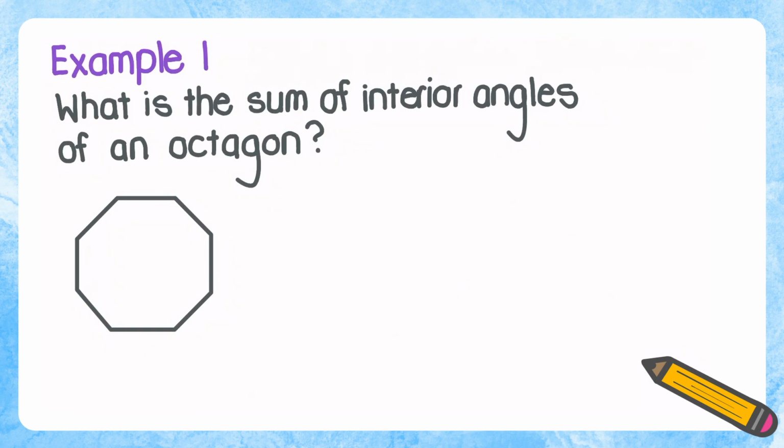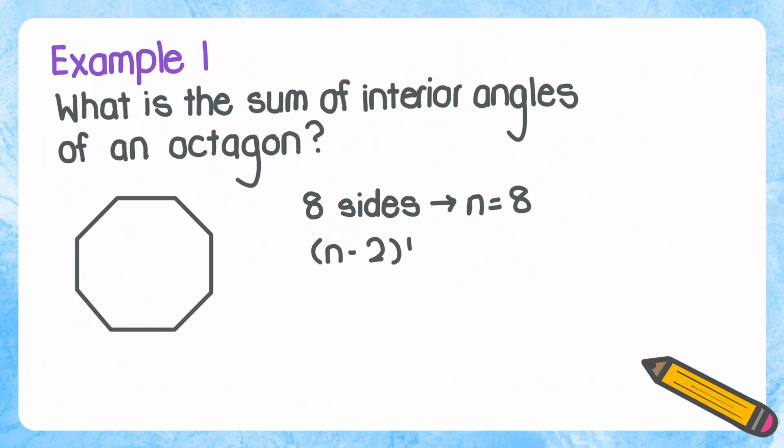Here's our first example. What is the sum of interior angles of an octagon? An octagon, as you can see in the diagram, is a polygon with 8 sides. So we will set n equal to 8. Again, because there are 8 sides. The formula is n minus 2 times 180 degrees.